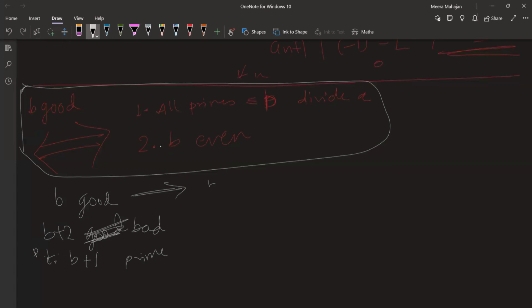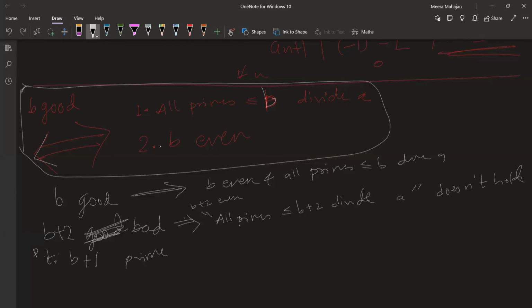It's because b is good implies b is even and all primes at most b divide a. Because of this if and only if, note that b plus 2 is also even because b is even. And because of this if and only if, this is where we use the if and only if condition, this must imply that all primes at most b plus 2 divide a doesn't hold.